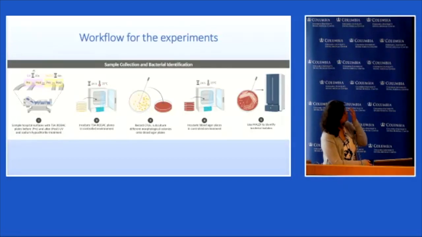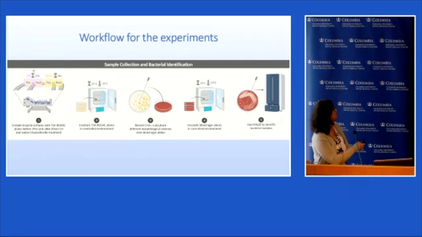Now, this is the workflow for the experiments. We chose the bed rail here, and there are 2 different arms to this study. One is the UV and the other is the sodium hypochlorite. Within the UV arm, there's a pre, which is no treatment of UV, and a post UV, and we collected samples from both.